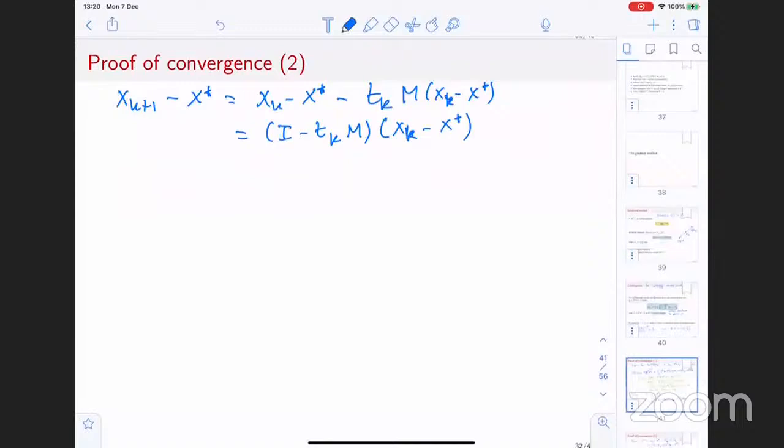Now I'm interested in the norms and the distances from x_k to x star.